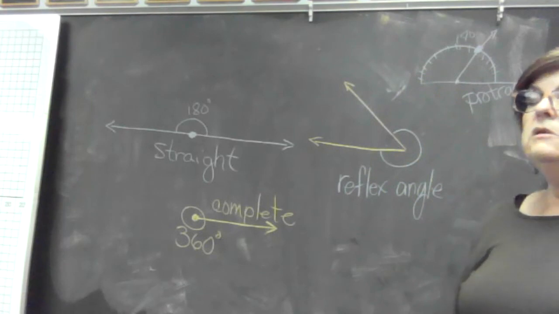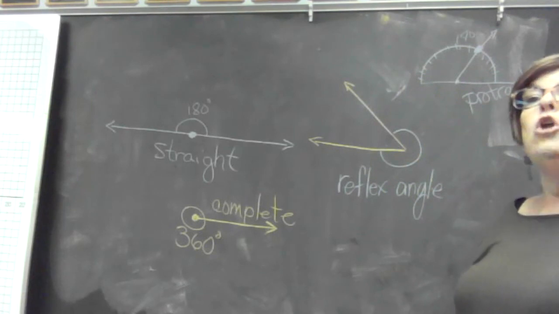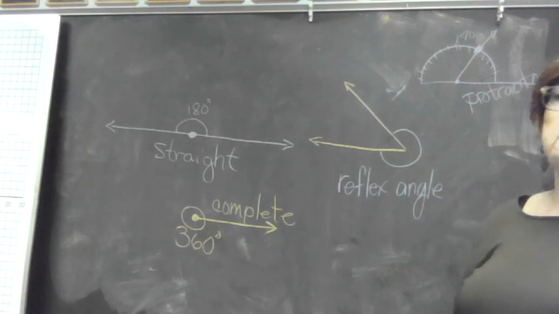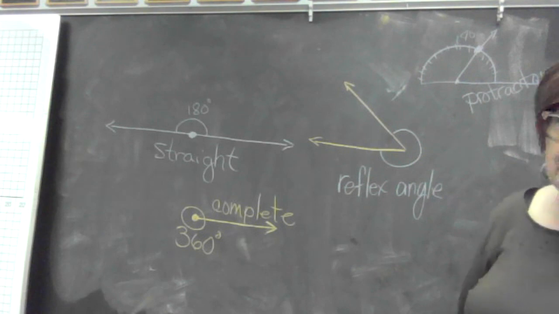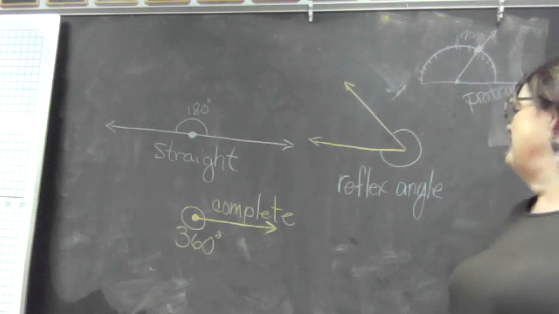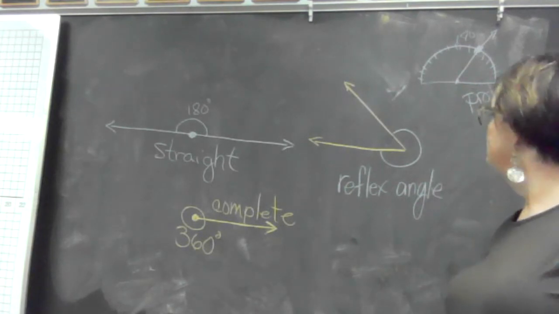A reflex angle. And this one, let me think about a good definition. It will be larger than 180 degrees and less than 360 degrees. This definition will be on your handout that I sent to you.